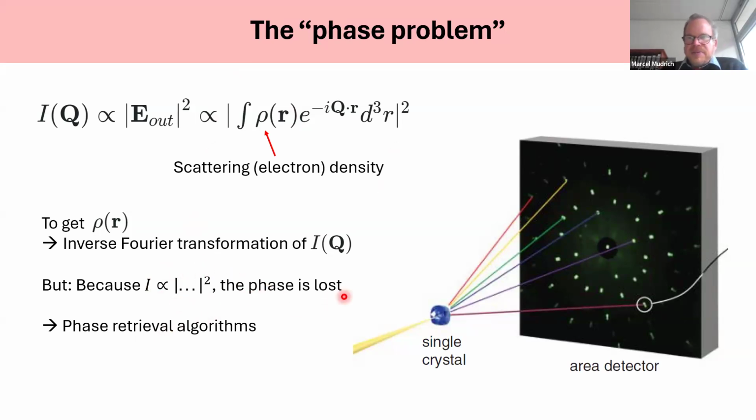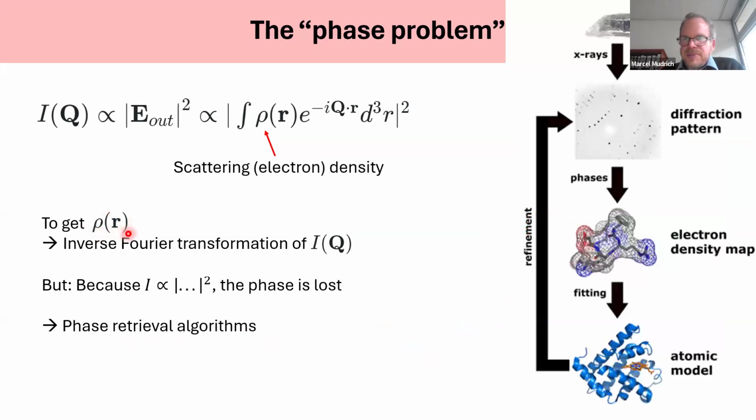And this is a very general problem in X-ray diffraction imaging, that we have to come up with some clever algorithms or protocols to retrieve the phase, or guess the phase, to calculate back to the real space density distribution.